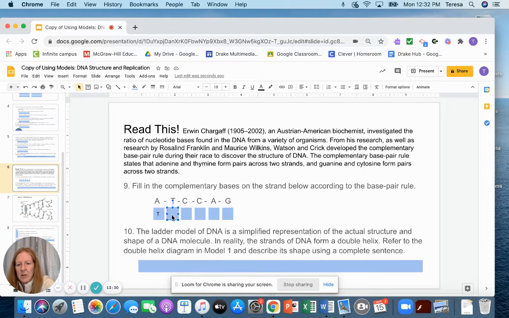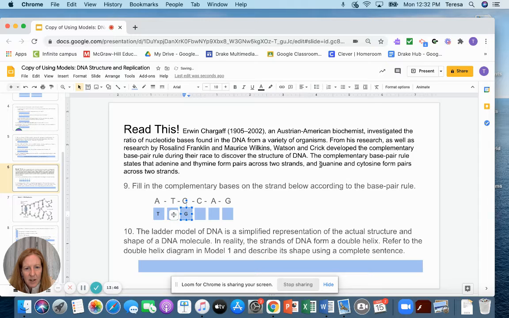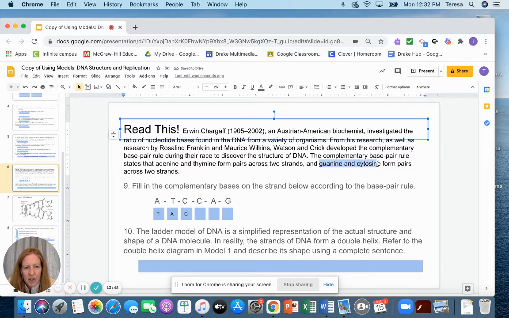Thymine is going to be paired with adenine. Again, directly across, they pair together. That means there would be hydrogen bonds between these. So I'm looking at my DNA molecule kind of on the side. Okay, then I've got cytosine. Cytosine is going to pair with guanine, right? Based on the base pairing rules that are described up here. Okay, and then you continue that process for the other bases here.